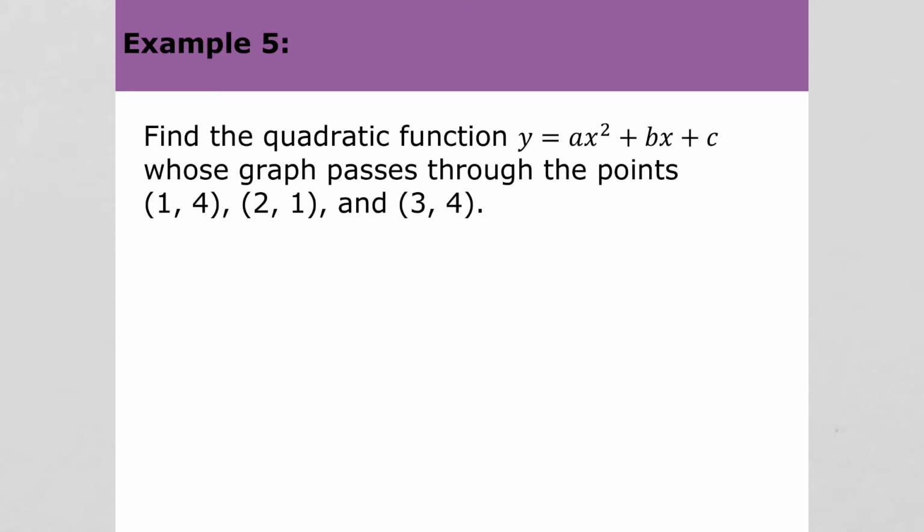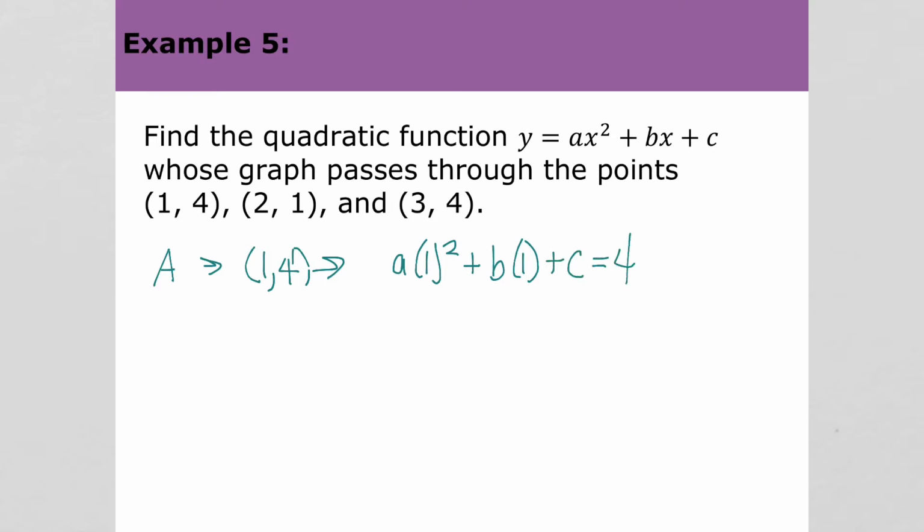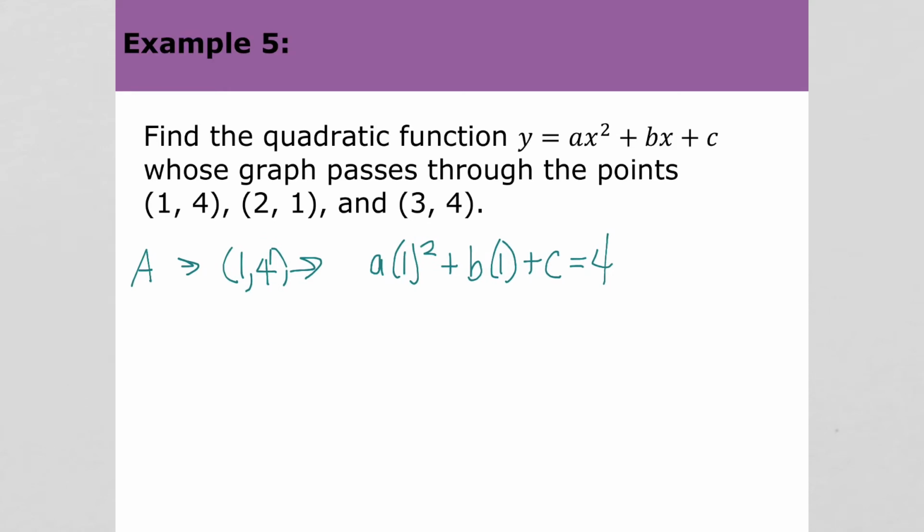So here is what we do. With the first point, we're going to call this the A equation. We plug in 1 for x and 4 for y. So we have A times 1 squared plus B times 1 plus C equals y, which is 4.